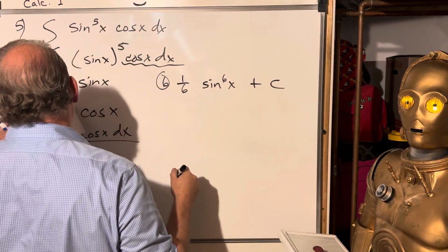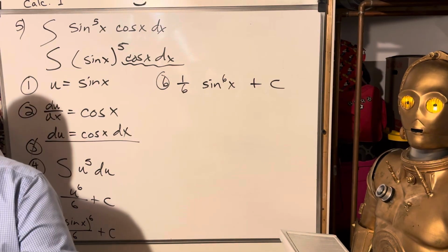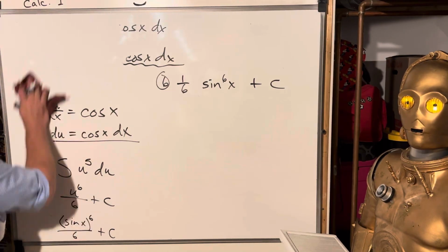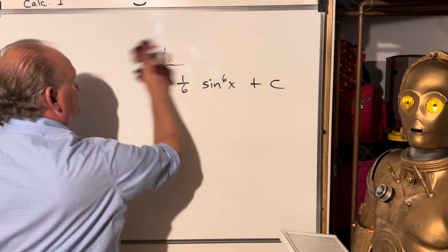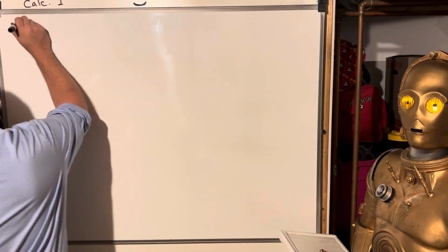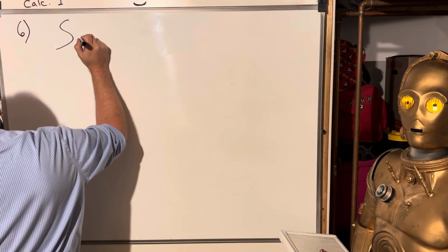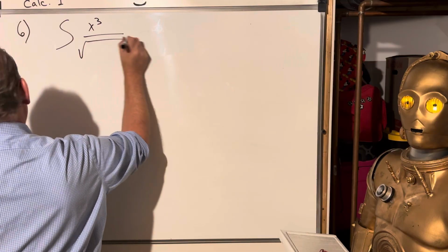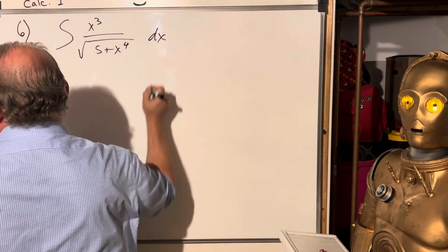All right, and then the last one. Oh, I'm going to need the board for the last one. There's number 5. Let's take a look at number 6. We have x to the 3rd over the square root of 5 plus x to the 4th dx.